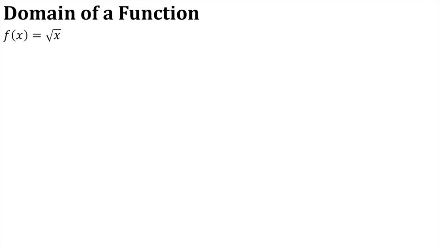If you put the square root of a positive number into your calculator, you'll get an answer out. If you put the square root of 0 into your calculator, you'll get an answer out. But if you put the square root of a negative number into your calculator, it will come up math error, because you can't take the square root of a negative.